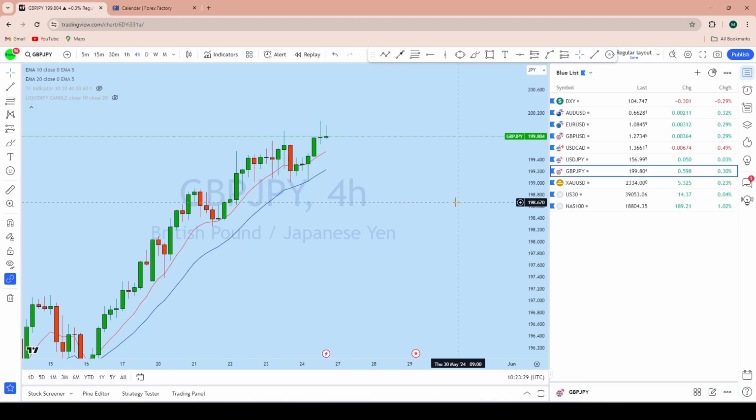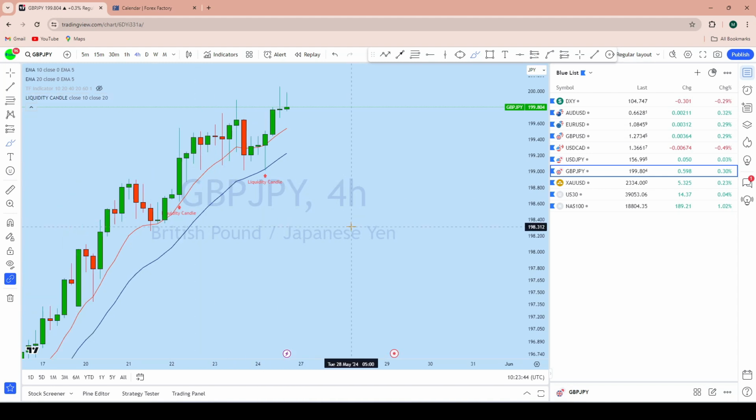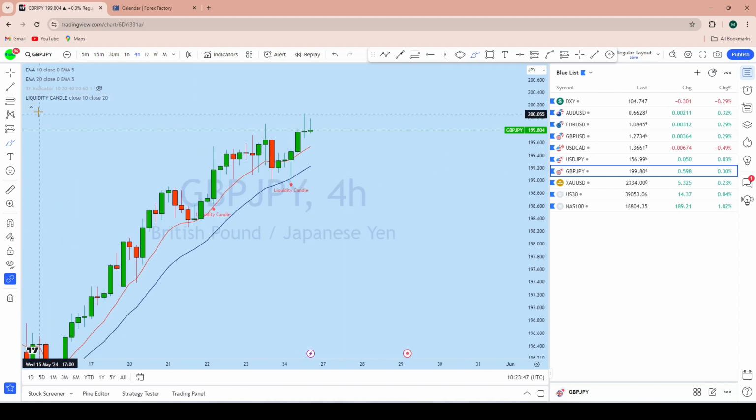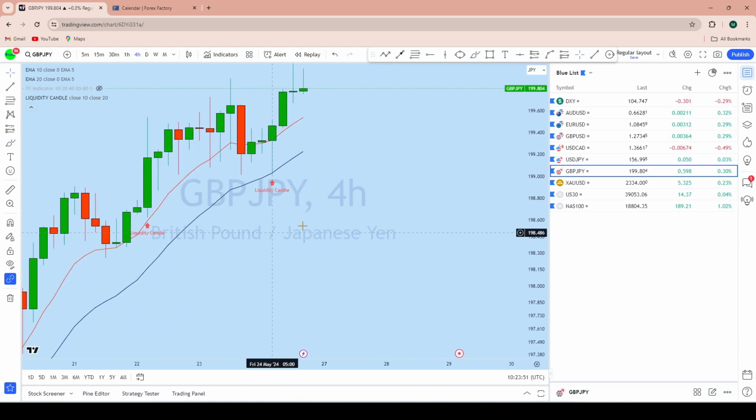From the intraday perspective on GJ, there is a strong liquidity candle formation here with a 20 EMA retest, and from that liquidity candle formation the market has made a significant bounce. According to my liquidity candle rule, there are a couple of strong bullish impulses in this area.